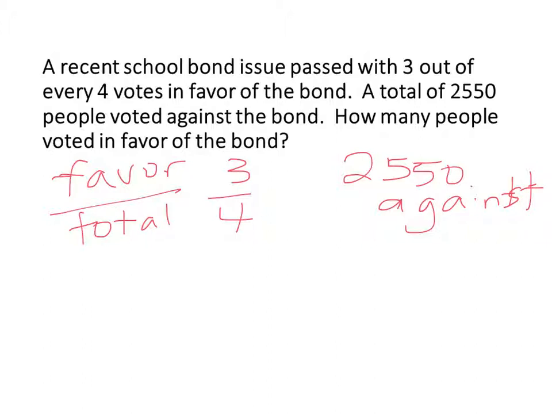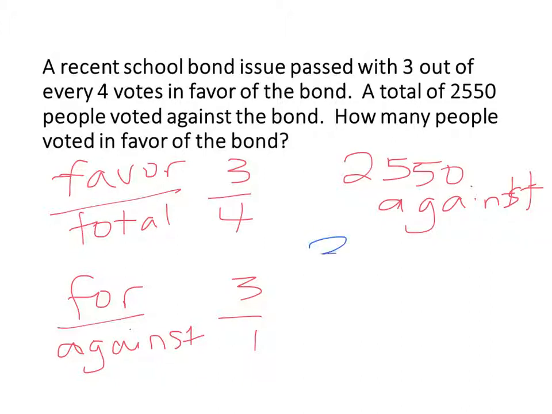So, if 4 are total and 3 are for it, 1 had to be against it. So we have the total of 4 over the ones against, which would be 3 over 1. So now we can set up our proportion. 3 people voted for it, 1 person voted against it.